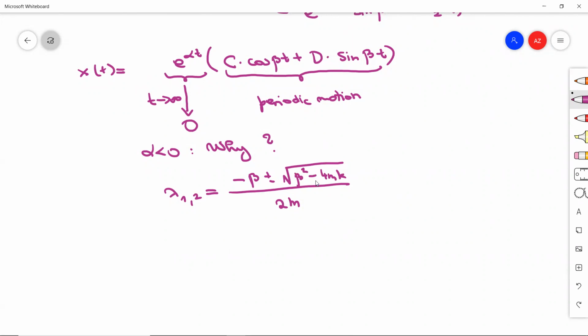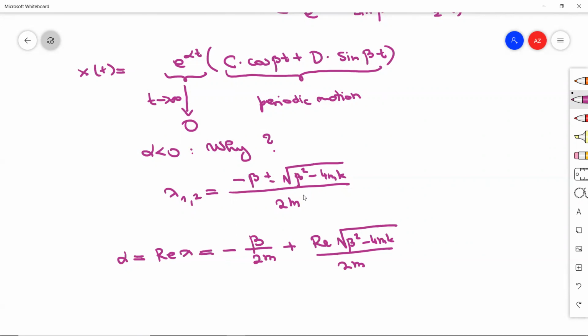Alpha is the real part of lambda. The real part of lambda is minus beta over 2m plus the real part of the square root of beta squared minus 4mk over 2m.